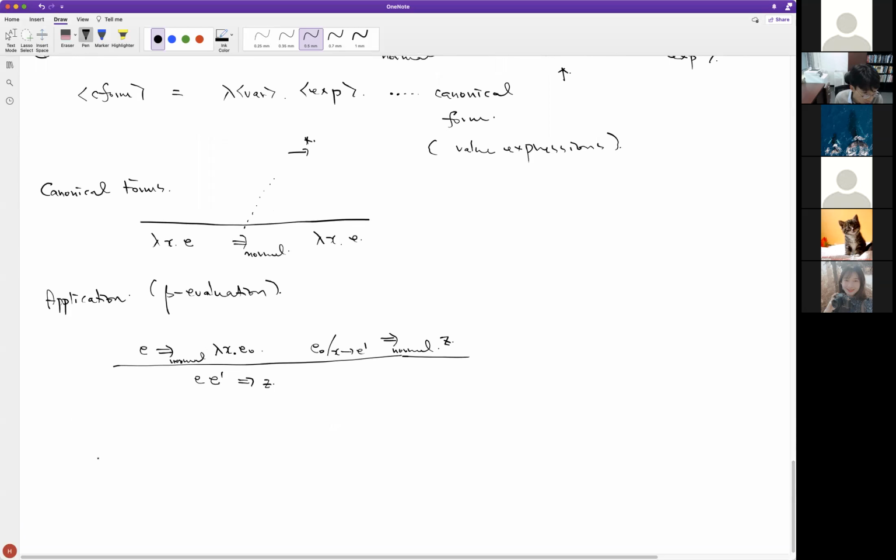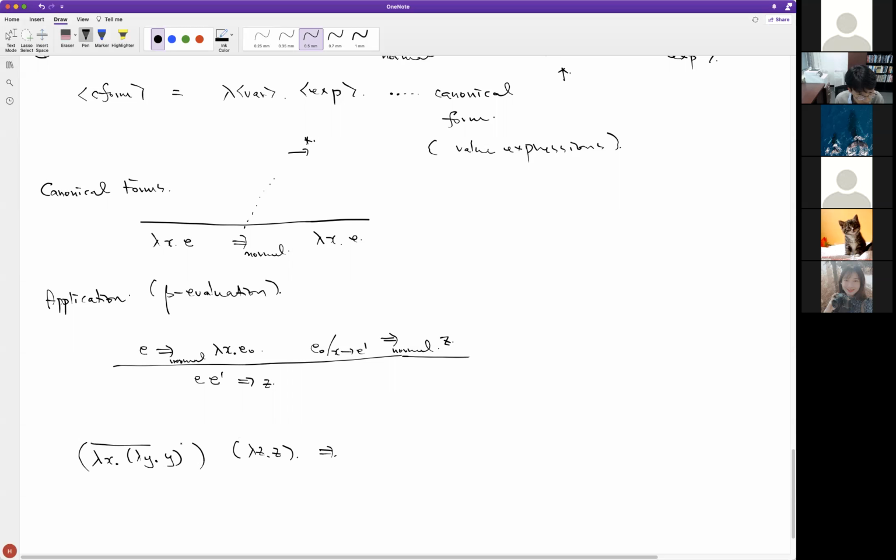So we have lambda x, lambda y, x, just the same thing, y dot y, and then applied to lambda c dot c. Suppose we have an expression like this, and we want to evaluate this one.